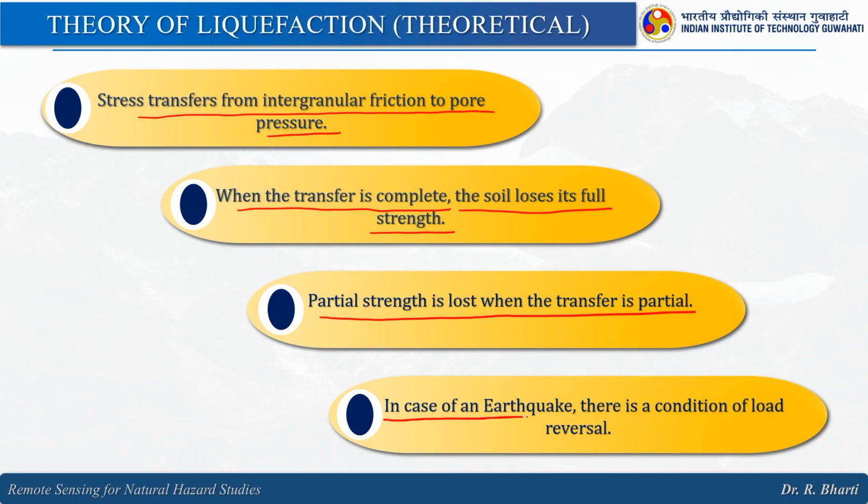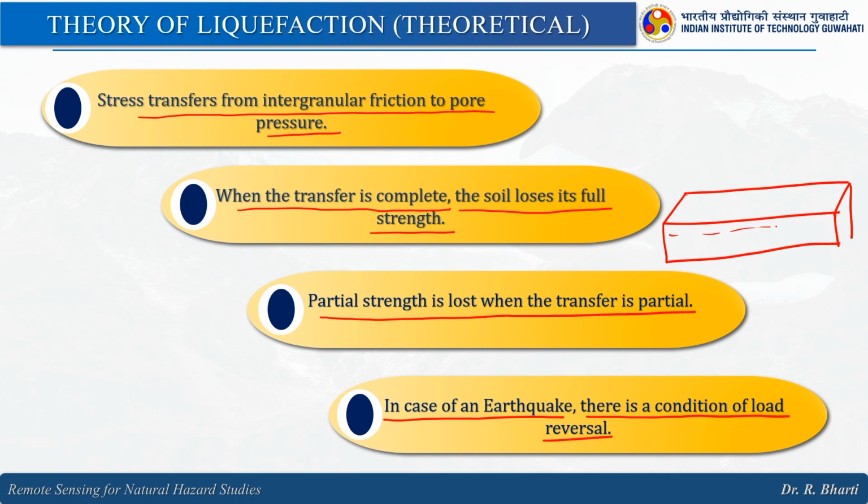In case of an earthquake, there is a condition of load reversal, because what happens when there is a soil column? Let us say this is the soil column, this is the H, right.